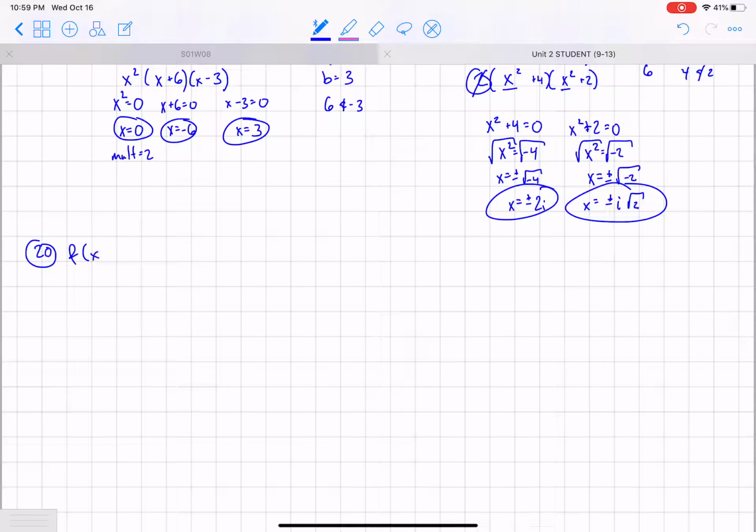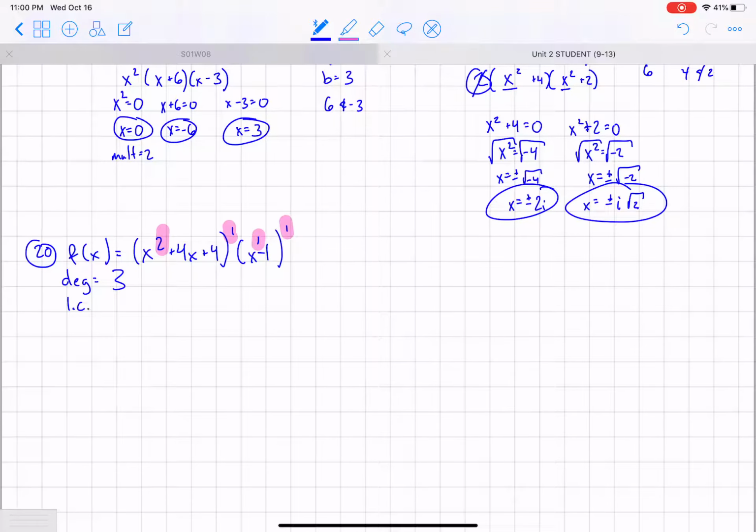We have f of x is equal to (x squared plus 4x plus 4)(x minus 1). So our degree is equal to, then we look for exponents, right? And if we don't see them, they're 1. So if we do all of that, our degree is 3.